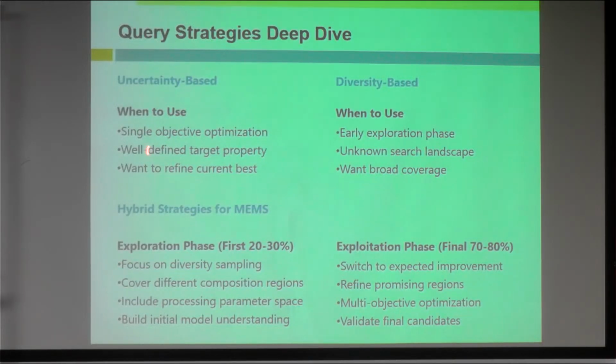If it's a single optimization, meaning a single property of the material needs to be refined or optimized, that is where we look into a specific target property. So diversity based: when to use it? In the early exploration phase, an unknown search landscape, when you want broad coverage.